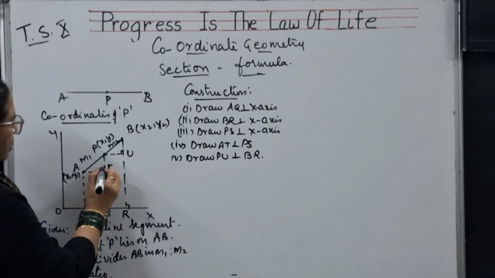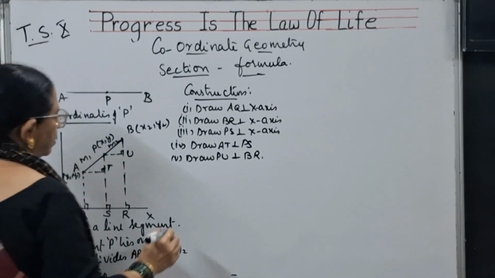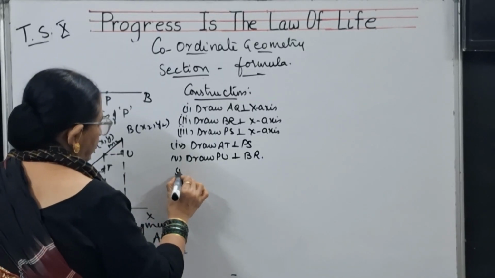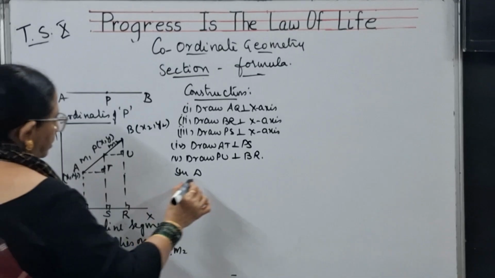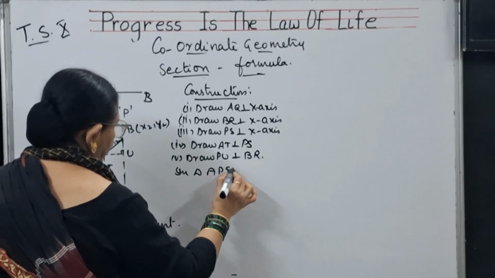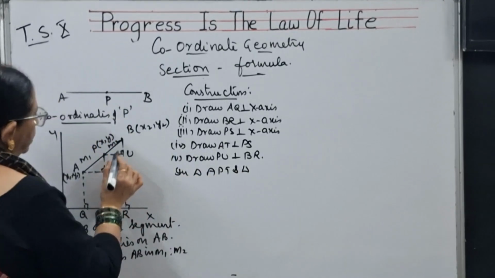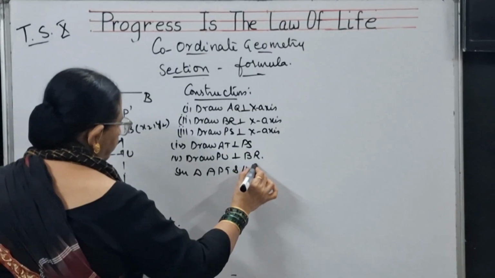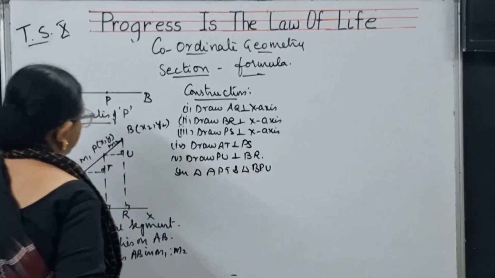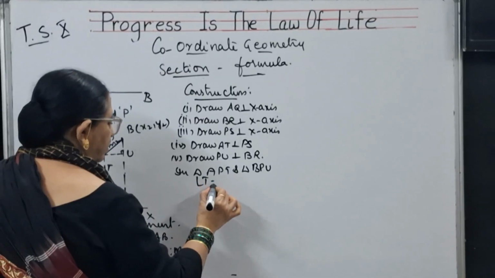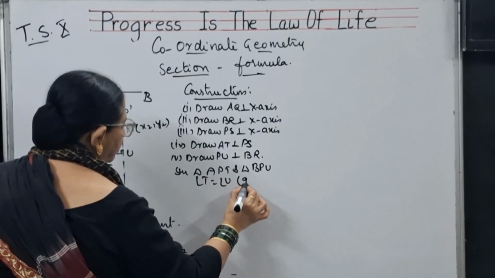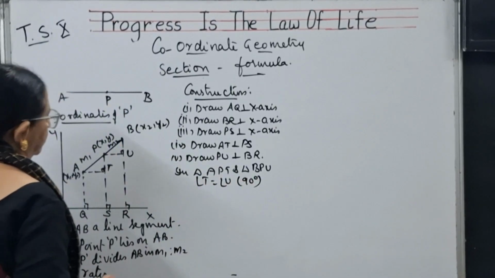Now after doing these constructions, see, in triangle APT and triangle BPU, in these two triangles, angle T is equal to angle U, they are 90 degrees.